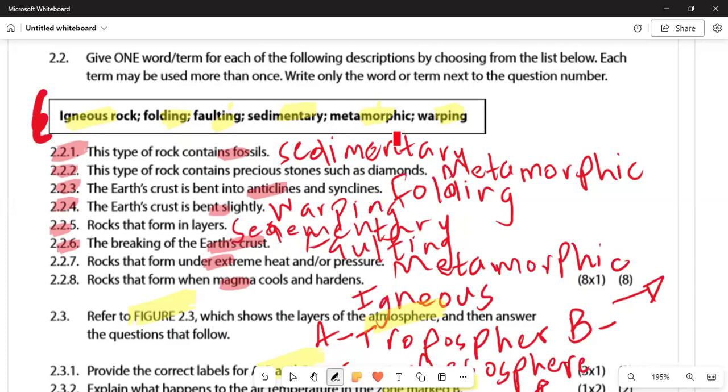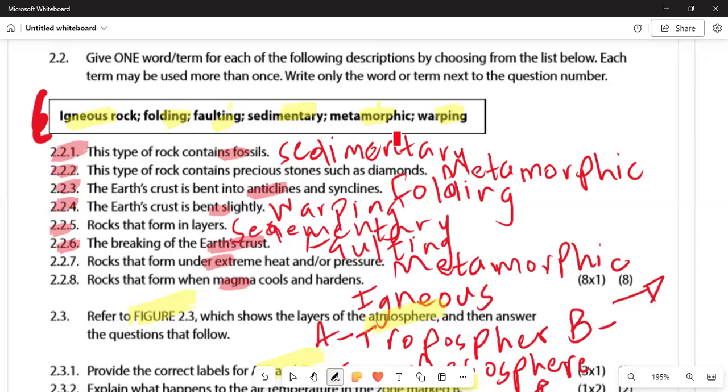So we are having igneous rock, folding, faulting, sedimentary rock, metamorphic rock, warping. And then 2.2, a rock such as the diamond, that is the metamorphic. When the earth's crust is bent slightly, that is a warping.